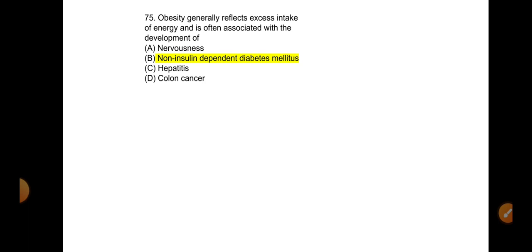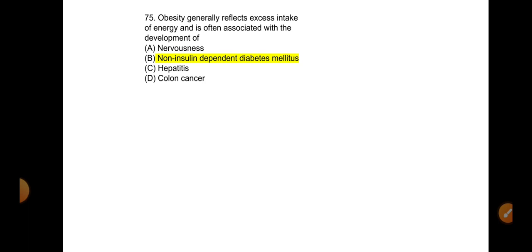Also, when a female is expecting a child, then by the end of the 8th month she also develops this kind of diabetic symptoms. So whatever comes under insulin independent or non insulin dependent diabetes mellitus is temporary. It can be reversed. Okay, so basically what happens is during obesity there is a cholesterol deposition around your cells.